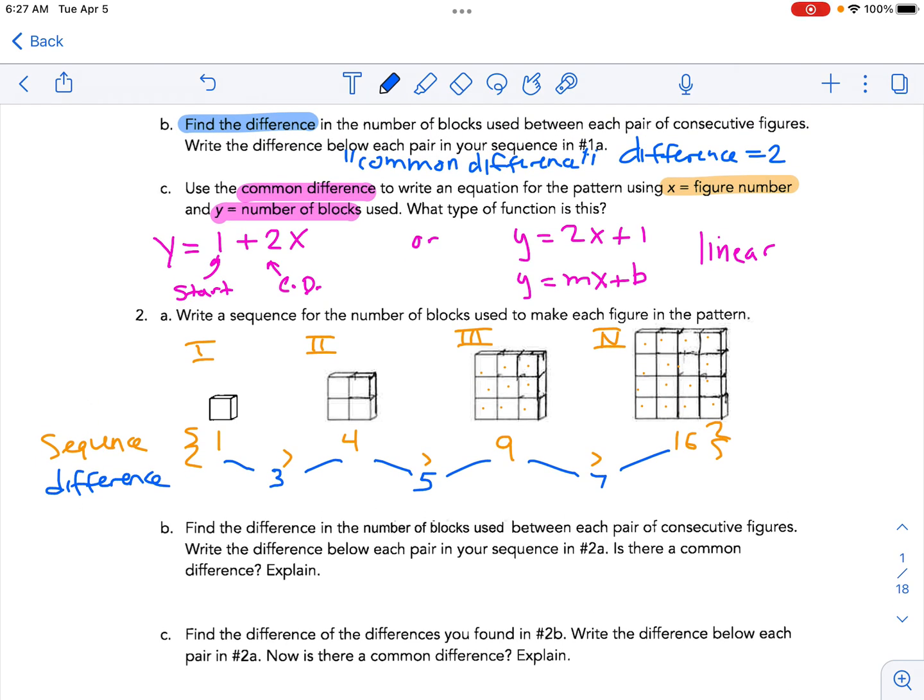So we don't have a common difference anymore. We don't have a difference that stays the same. So for this question in part B, it says, is there a common difference? And the answer is no, there's not a common difference. No, it's not constant.